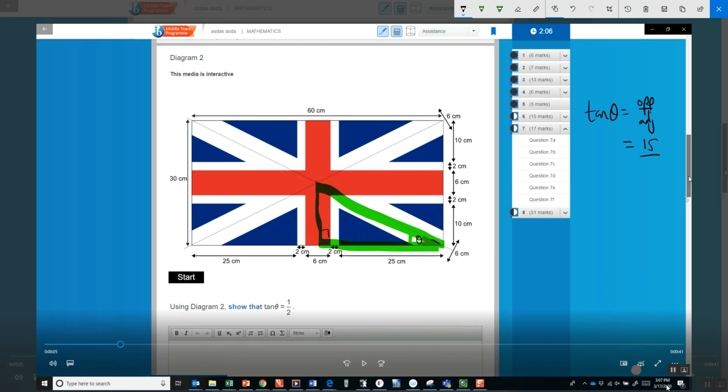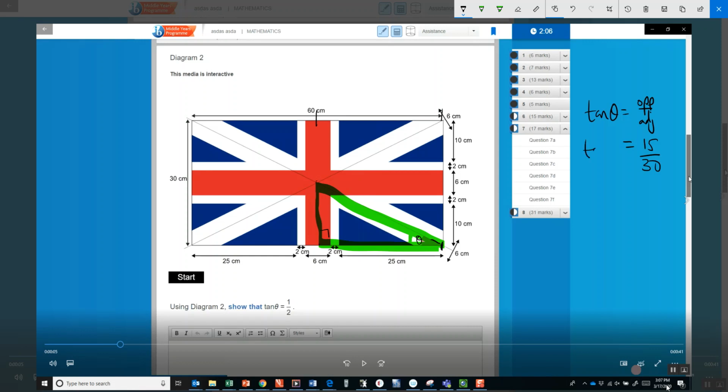The adjacent is 30 because as we're going halfway along this 60, that is 30. Or you can think of it as going halfway across, halfway of 60, okay?